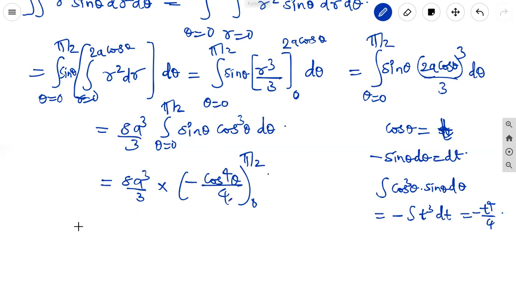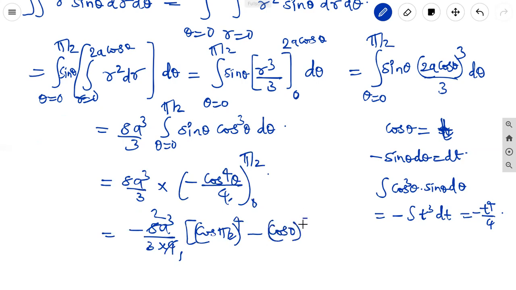That is equal to minus 8a³/3 times 1/4, and the upper limit is cos⁴ of π/2 minus cos⁴ of 0.